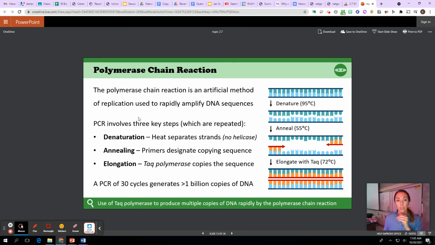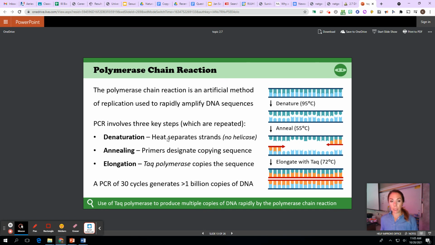Polymerase chain reaction is shortened to PCR, and it has three different steps: denature, annealing, and elongation. Before I go into those, 30 cycles generates more than 1 billion copies. Here's how it works.